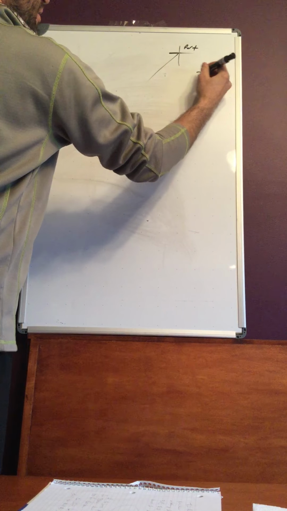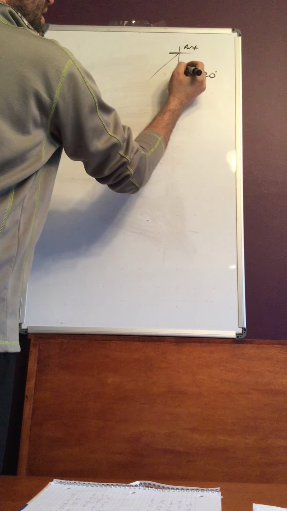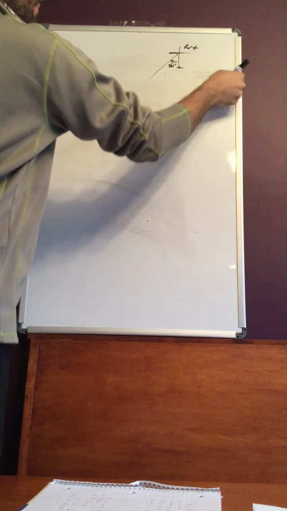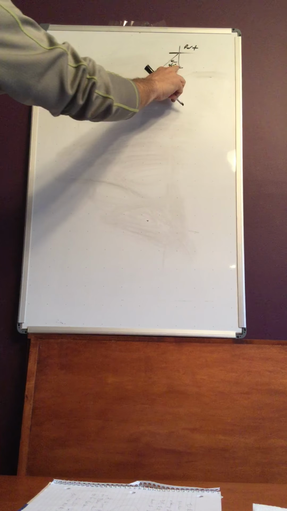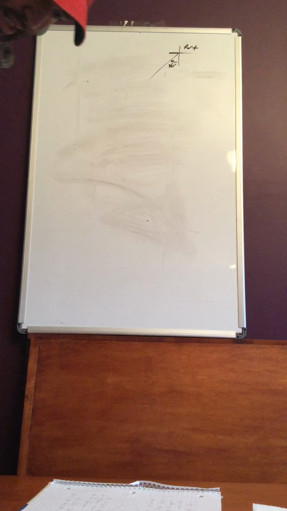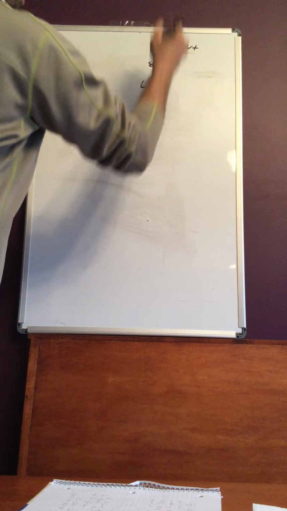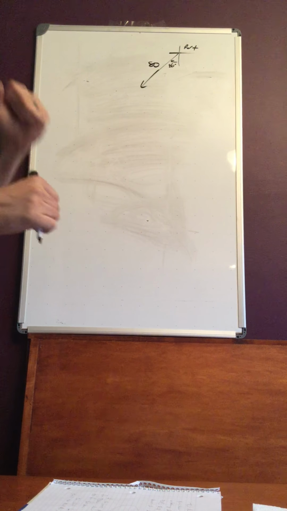If it's a bearing of 220 degrees, that's 180, so we're 40 degrees more, okay? It says for 80 kilometers. So we know that it's going there for 80 kilometers.